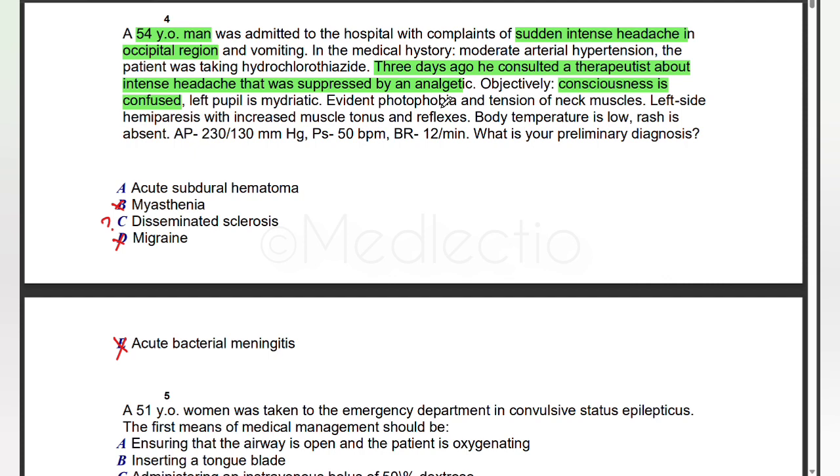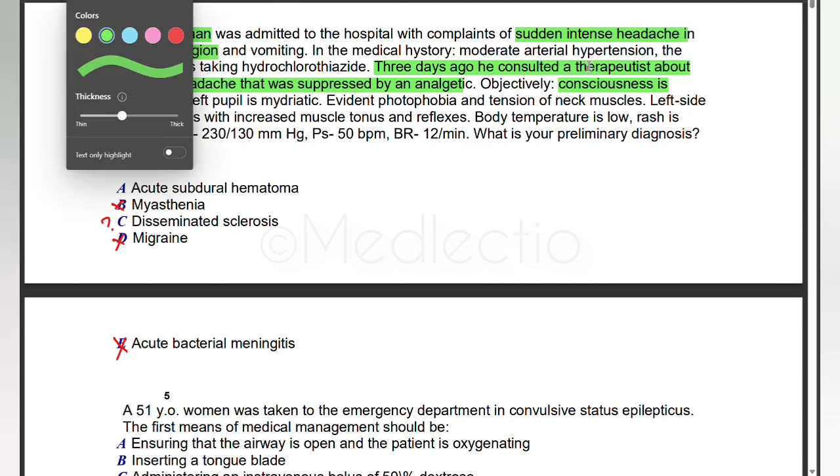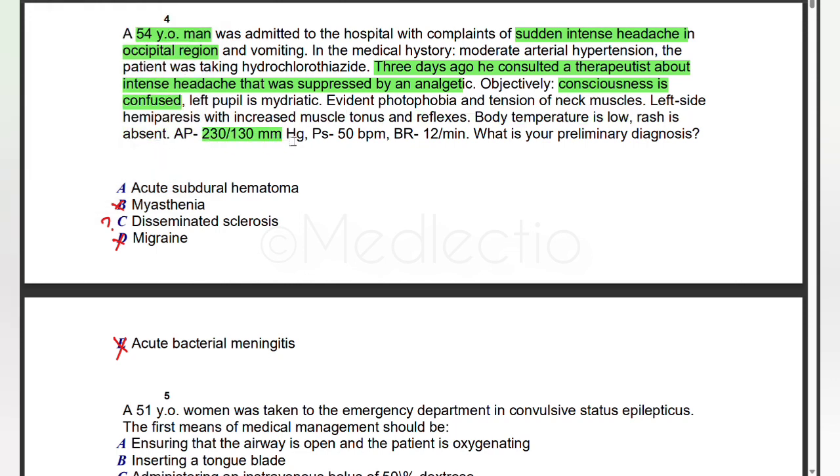Because the most common thing that occurs in hypertension with old age is a hematoma or stroke. There we can get tension in neck muscle, and focal symptoms like paresis or paralysis. So we suspect hematoma.